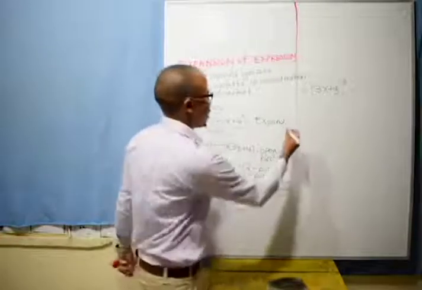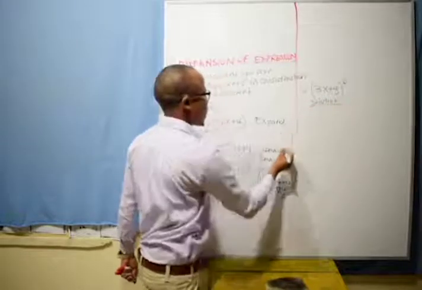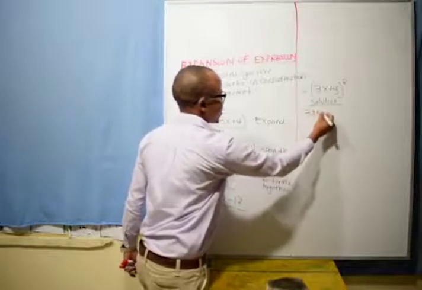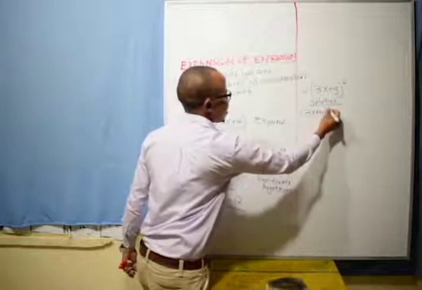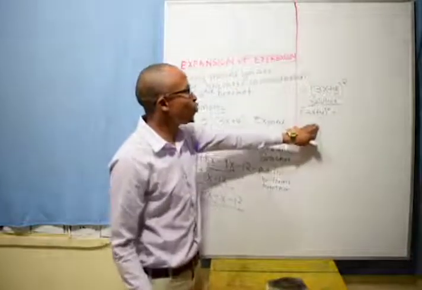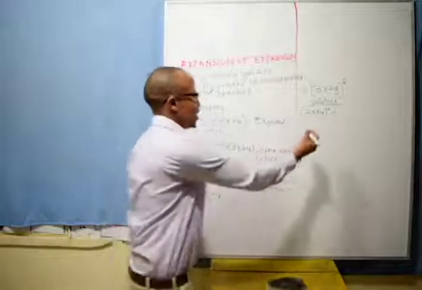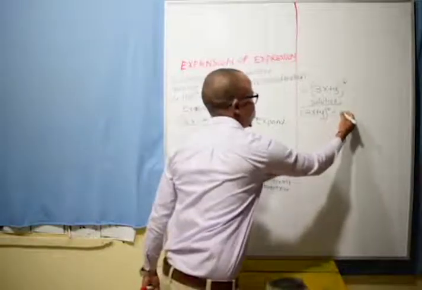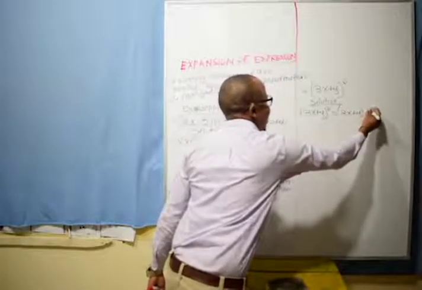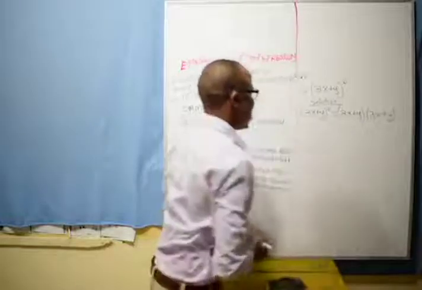So the solution: (3x + y) squared is equal to, because it is a square, two similar brackets, (3x + y) and another (3x + y). So it simply means that.